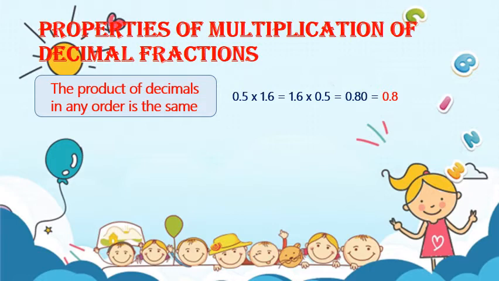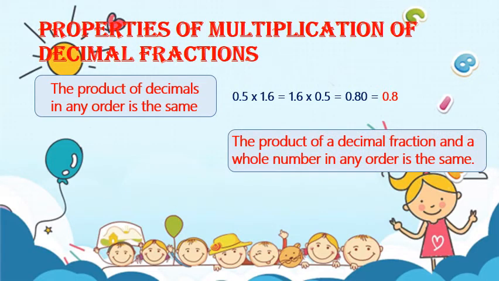If we change the order, that is, first we place 1.6 and then multiply it by 0.5, then also the product is 0.8. So even if we write the decimals in any order, the product will be the same. Now let's come to the next property.